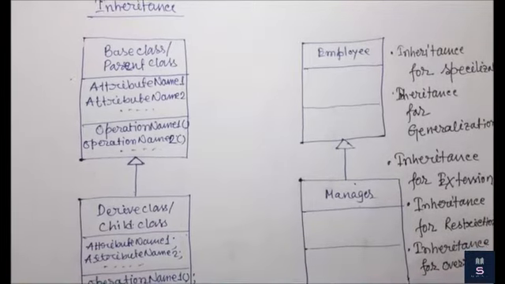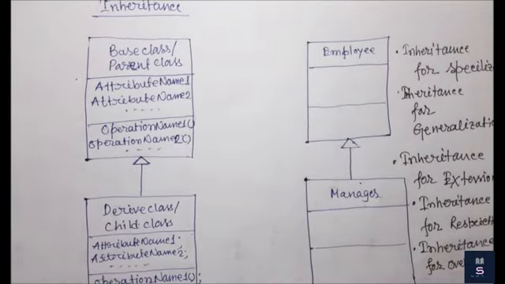Inheritance for extension means whenever we add a new method in my derived class. Inheritance for restriction means when we do not implement any additional method, but just provide a restriction in the derived class.